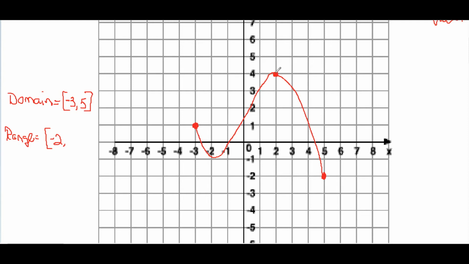The highest point is right here, obviously, and that occurs when it's 4. So I got -2, 4, and that's also a closed circle. Even if it were to curve up like that, that is the highest point that it hits. So I'm going to use a bracket for that. Okay, and that's our first example.